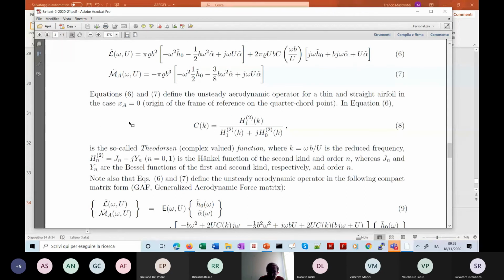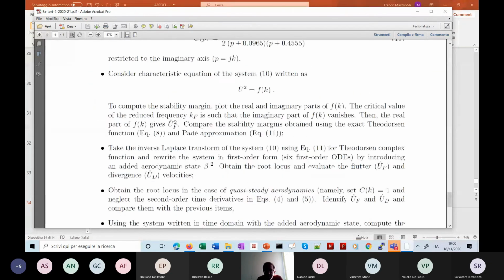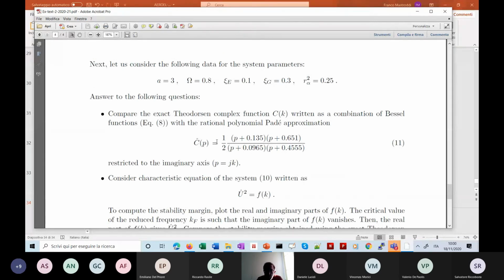This is the definition of the Theodorsen function. It's complicated. You have in MATLAB this Hankel function, and you have in MATLAB this Bessel function here. So you can plot the Theodorsen function in real and imaginary part, and you can compare with this polynomial Padé approximation that I gave you. Okay? And this is the first point.